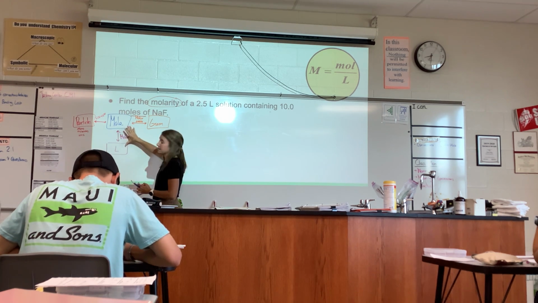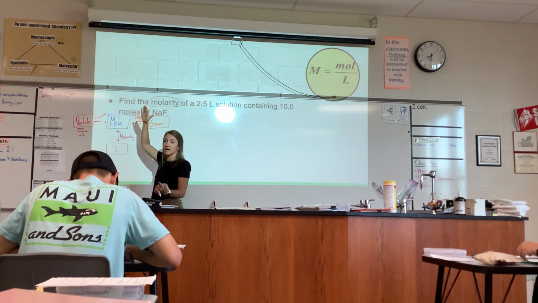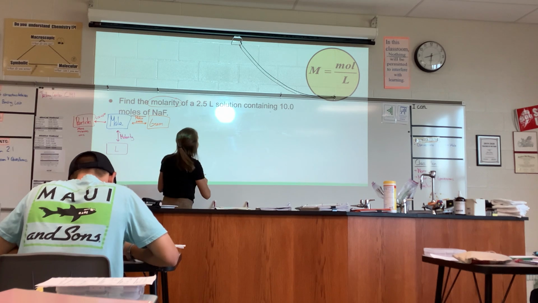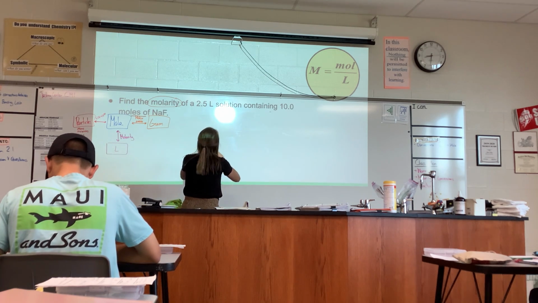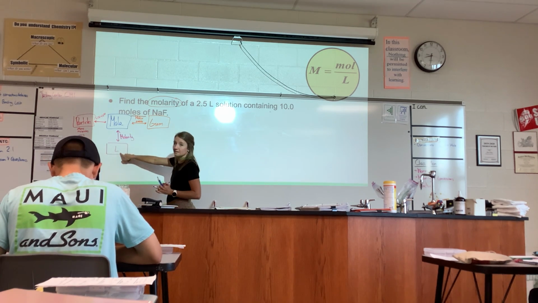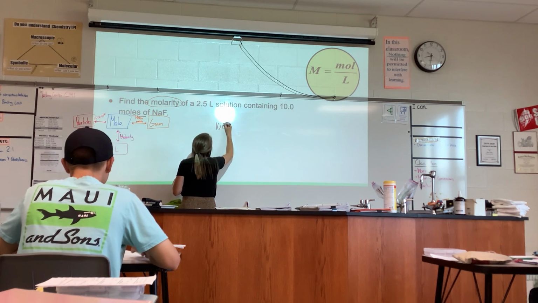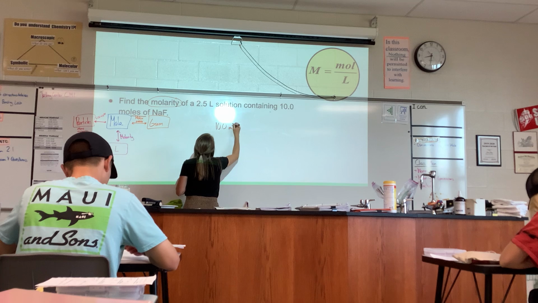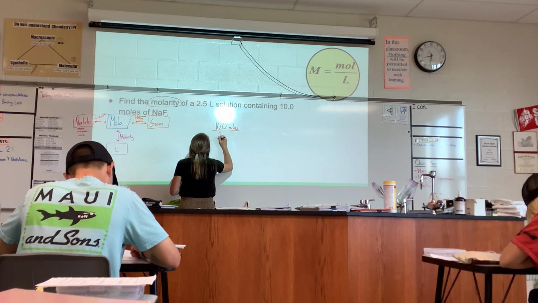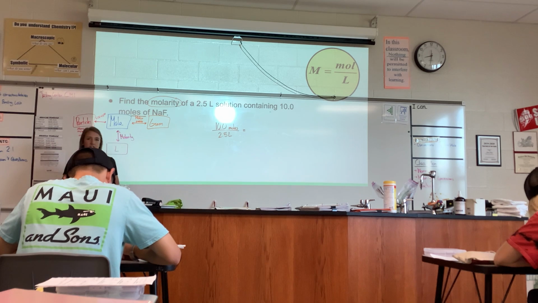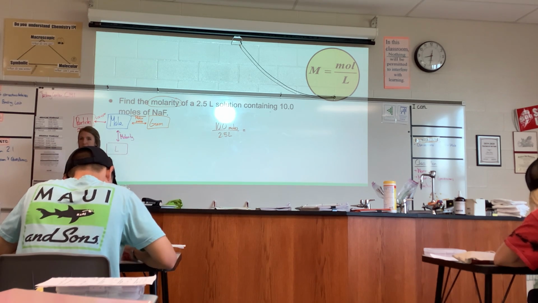So when you're finding molarity, it's just a single fraction. Because we have our moles, so we need moles over liters. So our moles is 10.0 moles over 2.5 liters.